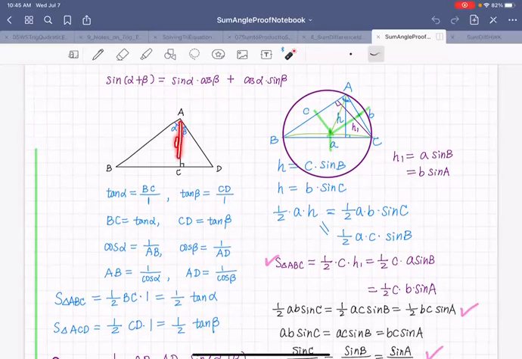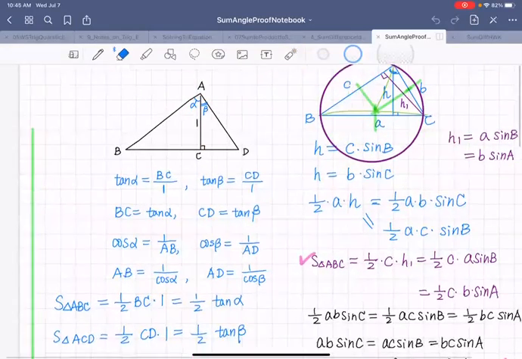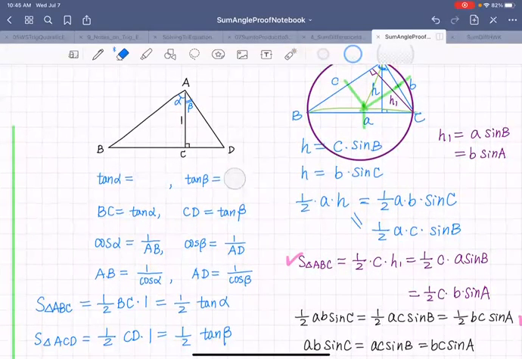If this is 1, I'm going to get rid of this and I ask you to fill the blanks. If this is 1, how much is tangent alpha? Julia.